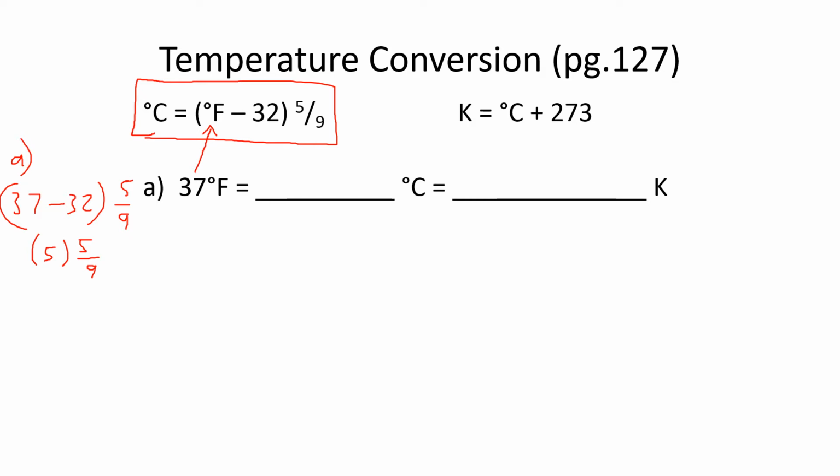Just multiplying. 5 times 5 over 1 times 9 equals 25 over 9. And then just solve it, which is 2.77.